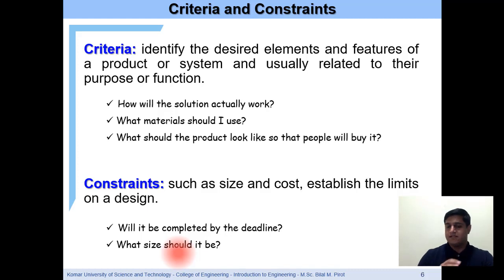So it depends on the type of the project, but the point is the size and the cost is very important while you are designing something. So those are called constraints. This is about the criteria and constraints that is very important to understand or proceed the process of designing a product or service or a system.